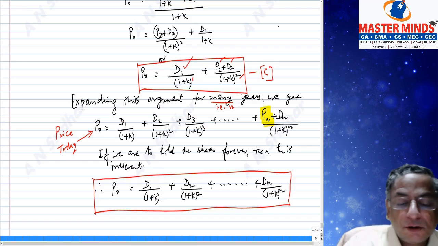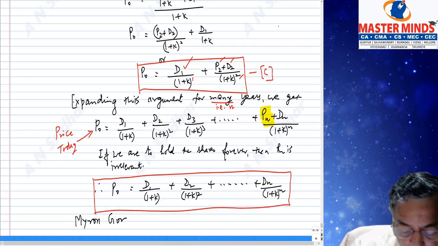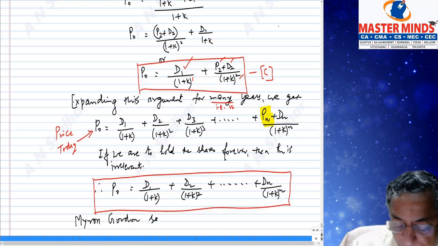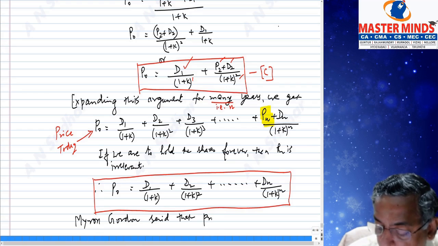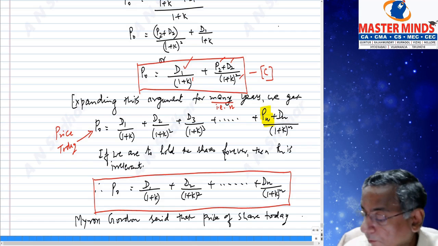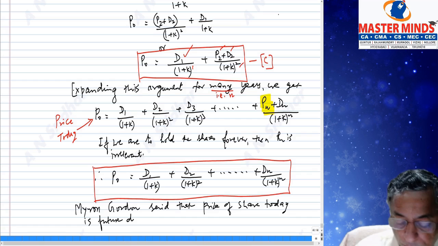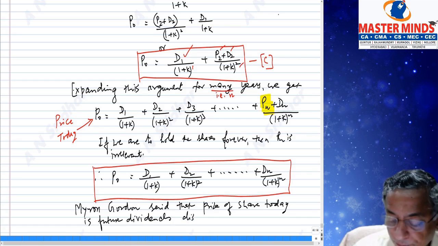Now this is what Gordon said, that the price of a share today is future dividends discounted.